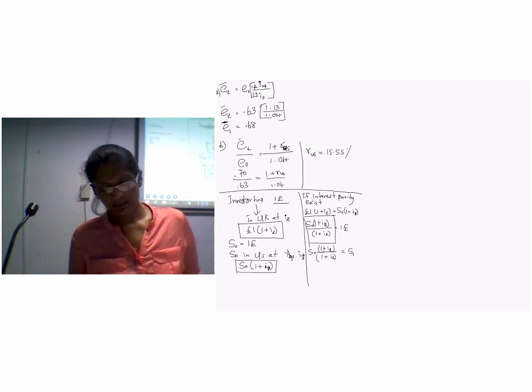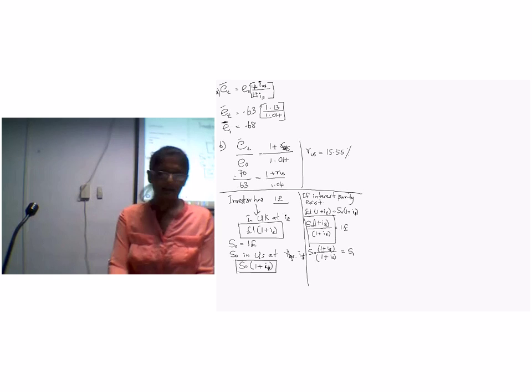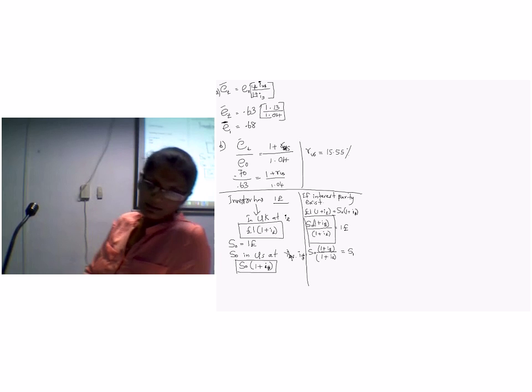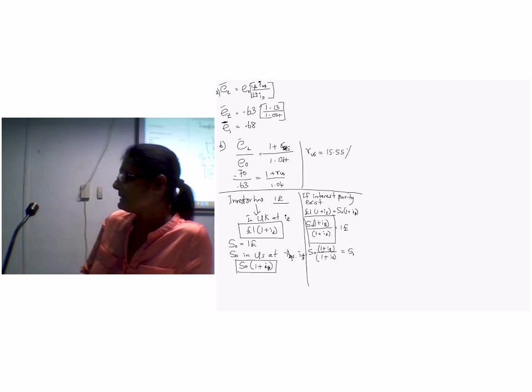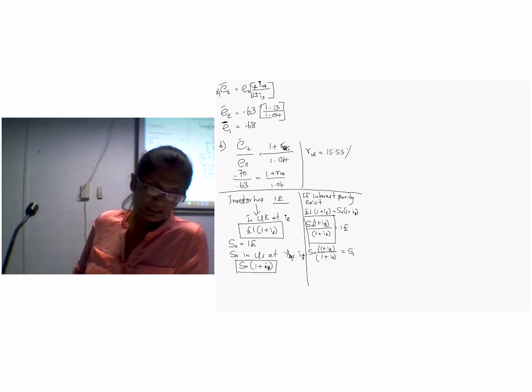If there is parity between these two countries, once we adjust the spot rate by the interest rate differential, it should represent the future exchange rate, right?